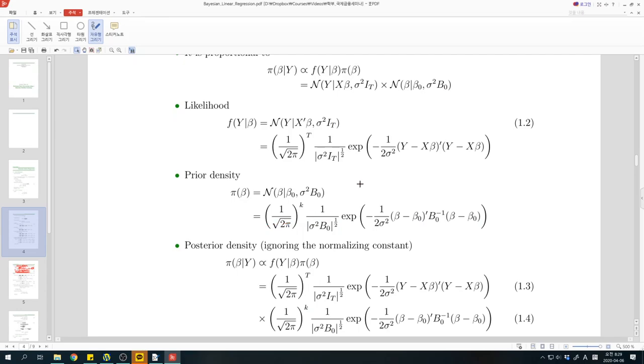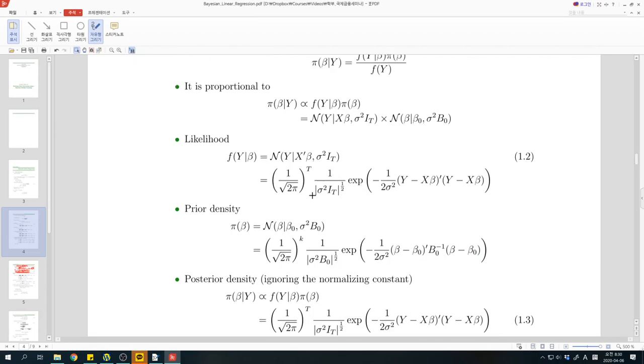Here is the exponential function, and in this exponent you see beta prime beta, a quadratic, or I say a beta square term. There must be a beta square term, and what? Just a beta term, because here is beta prime beta 0 inverse times beta 0. This is just a beta term, right?